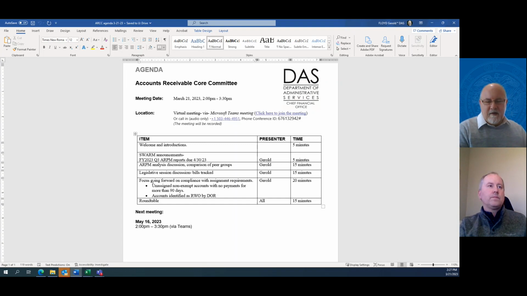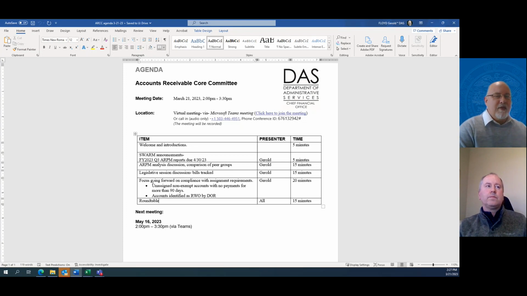With the publication of our management report, the DAS director reviewing that, and with the new focus of the new administration on how the agencies are performing and the role that DAS would have in that, I've been asked for my scope to look at how we can best show that we're helping to move and make progress on statewide collections and receivables management.